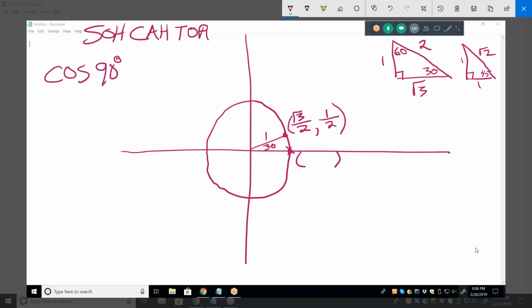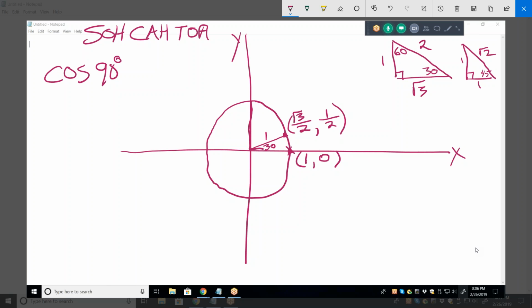The x-coordinate is 1 unit, right? What's the y-coordinate? 0, isn't it? I'm on the x-axis, right? Now, I know that first number is the cosine of 0 degrees. The second number is the sine of 0 degrees. With me?